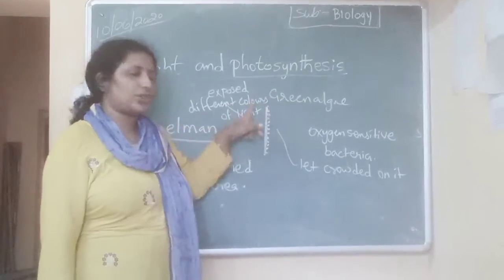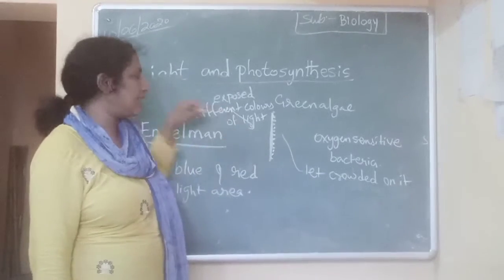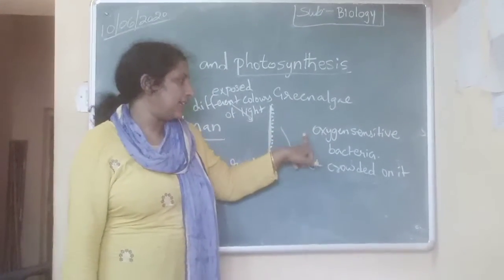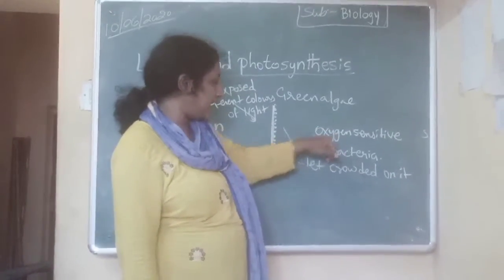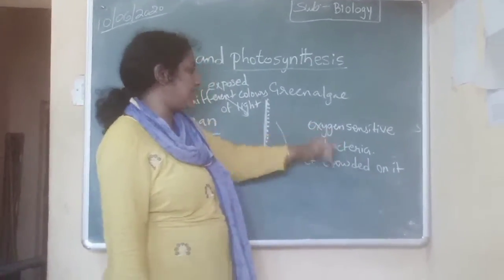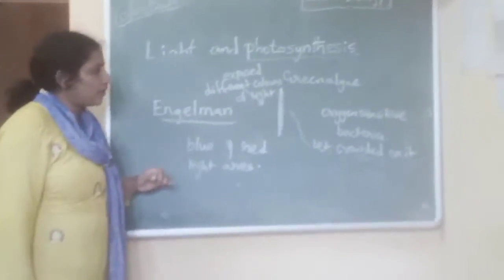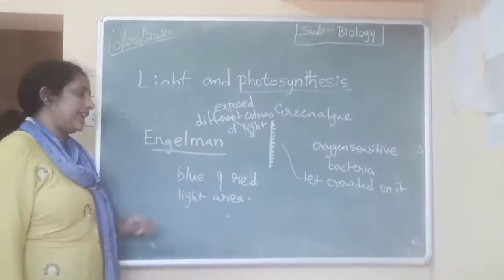He took a strand of green algae and exposed it to different colors of light, that is, the rainbow colors, VIBGYOR. Then he crowded the oxygen sensitive bacteria on the green algae. He observed that most of the bacteria moved towards the blue and red light area.